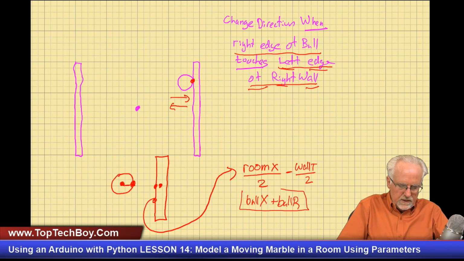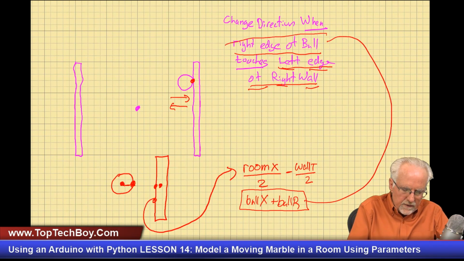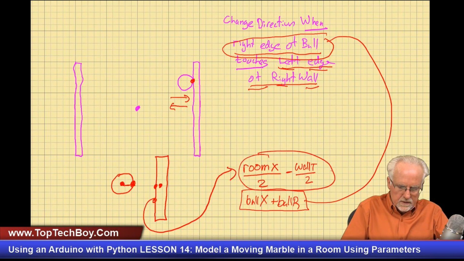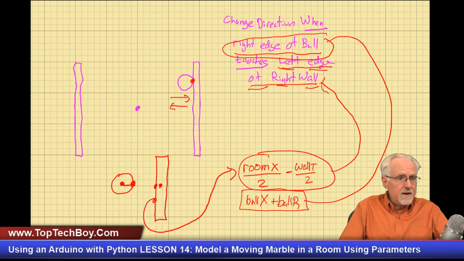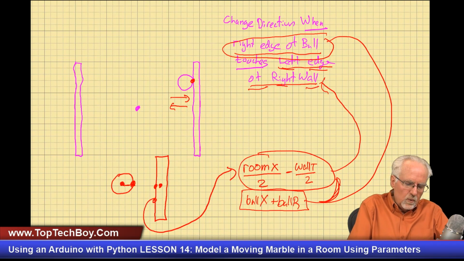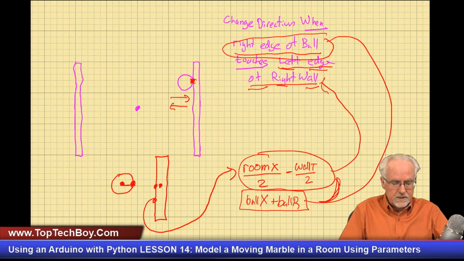This is the right edge of the ball, and this is the left edge of the wall. So in our if statements, I want to compare these two. And when this gets to this position, then I've got to change the direction.